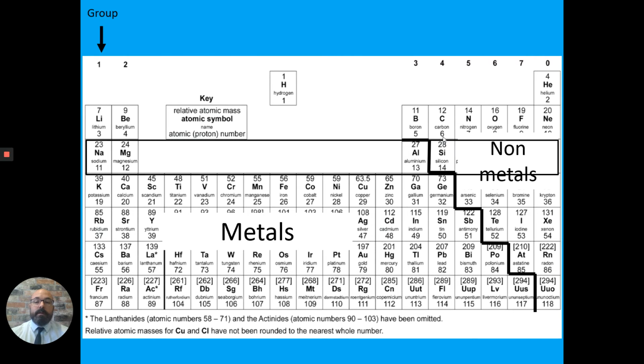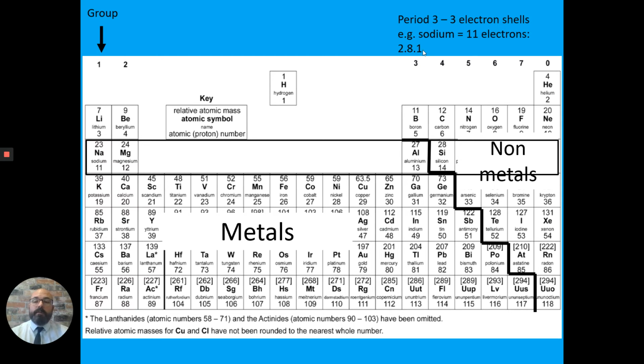So the next period down, period 3, if we take the example of sodium, it has 11 electrons, 2 in the first shell, 8 in the second shell, and 1 in the outer shell. And that shows us 2 pieces of information actually. The 1 there shows 1 in its outer shell, and it is indeed in group 1, and electrons existing in 3 shells tells us that it's in period 3.